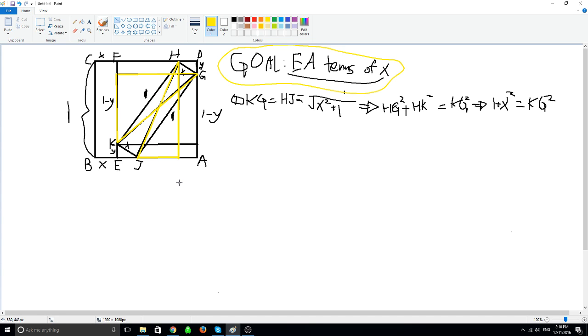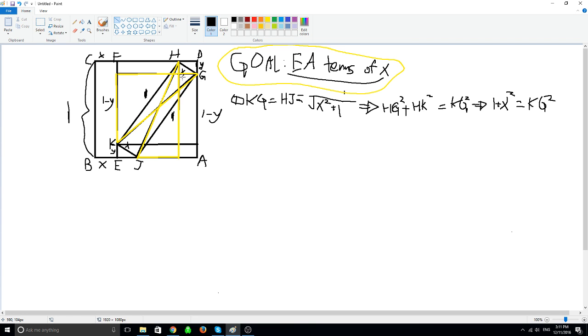So you might wonder, why would we need to know these triangles? First of all, we already know the diagonal lengths. And since we found the diagonal length, which is just the square root of x squared plus 1, it should be very easy to find x in terms of y.